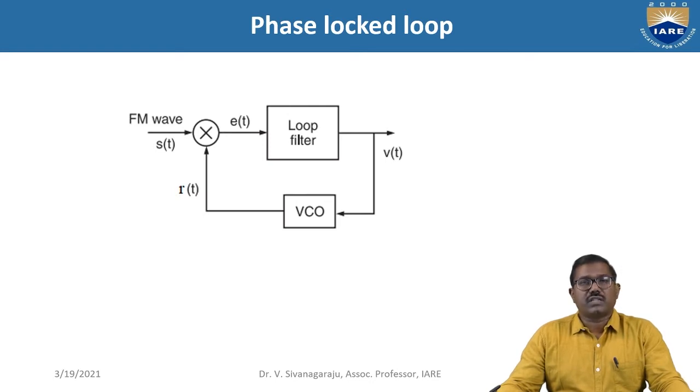The VCO is a voltage controlled oscillator, controlled by V of t. Finally, the output of the product modulator is E of t, which is applied to the loop filter. So this is a feedback system, you can see.